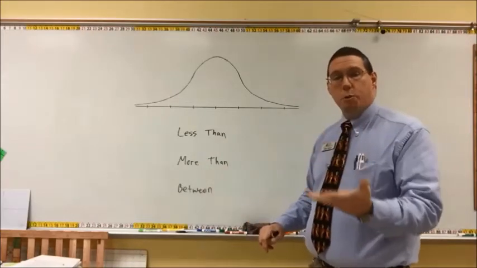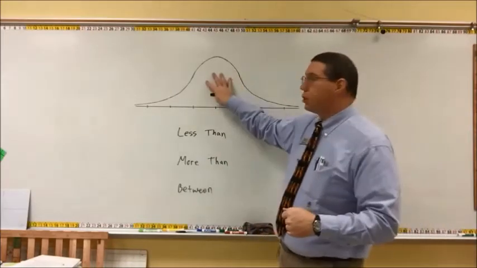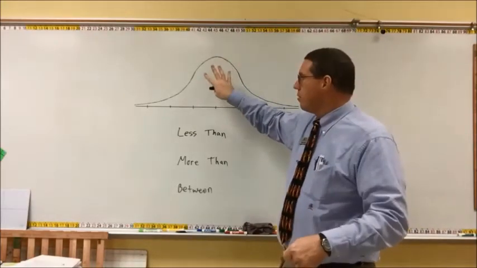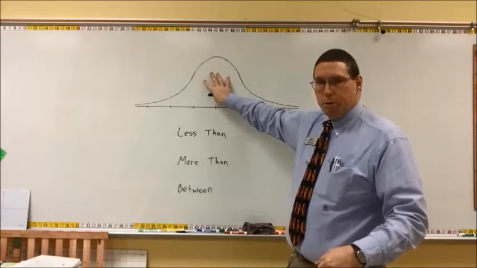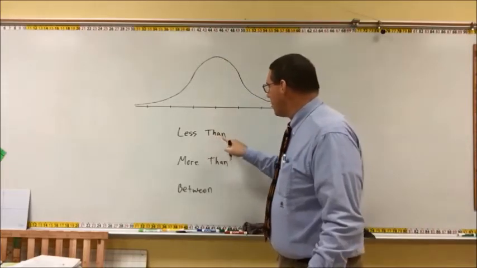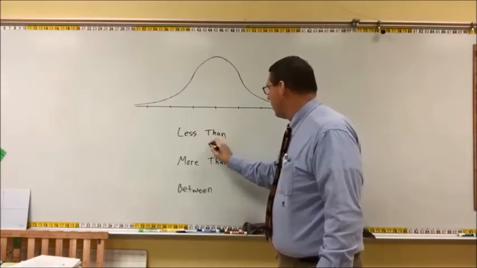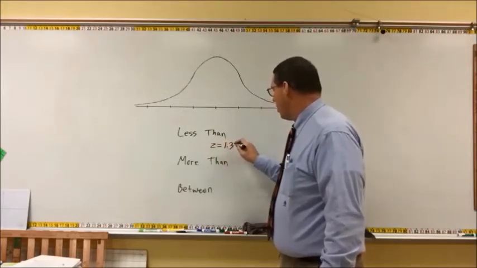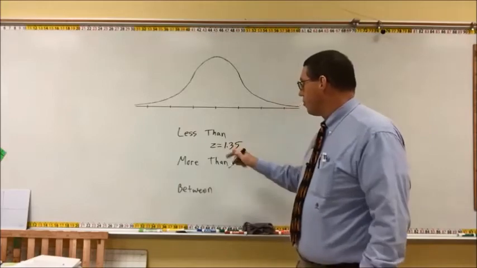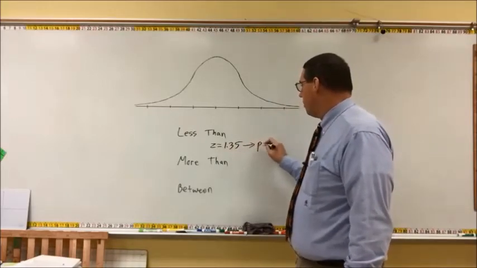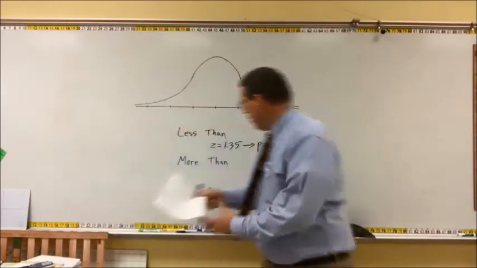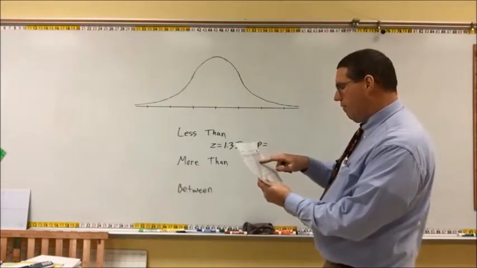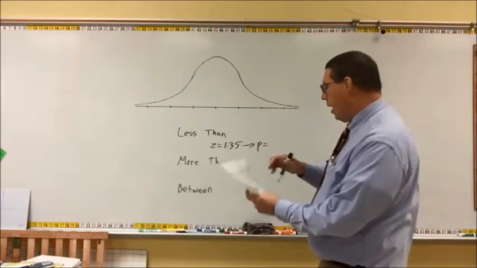So let's say you were asked, what proportion of observations in the standard normal distribution curve are less than z equals 1.35? Here's what you do. You have to turn that into a p-value, go in the table, to 1.35, and we see 0.9115.